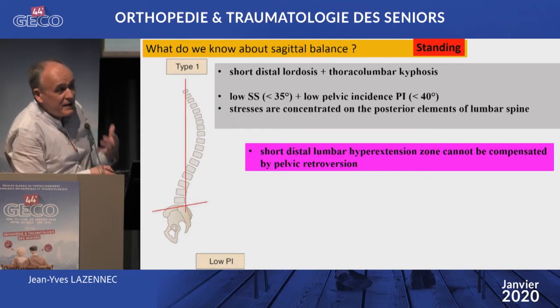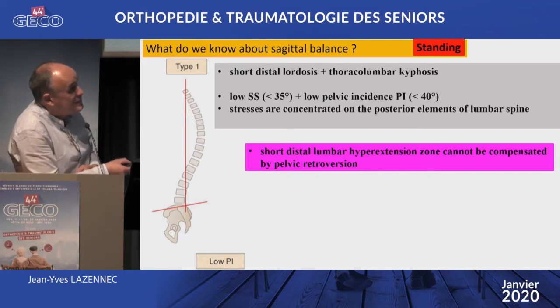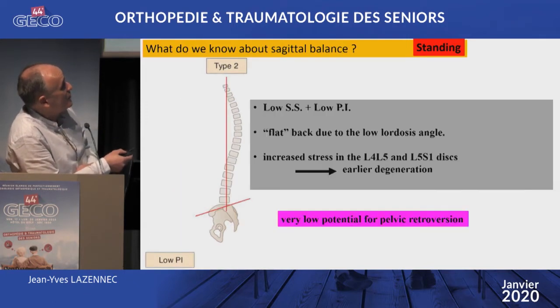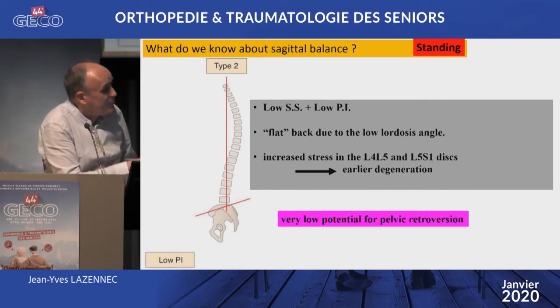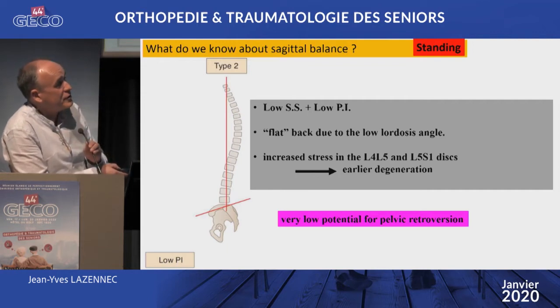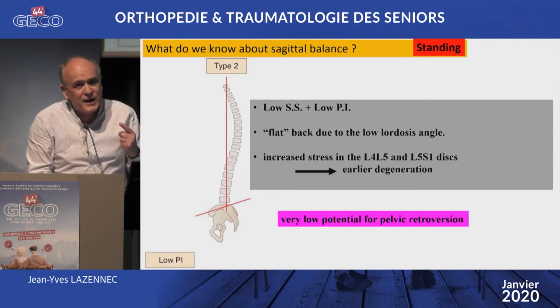These patients will not have a compensation capacity for this sagittal imbalance by changing their pelvic tilt. Here, for this other patient with a low pelvic incidence, very low potential for pelvic retroversion, so very low compensation capacity.